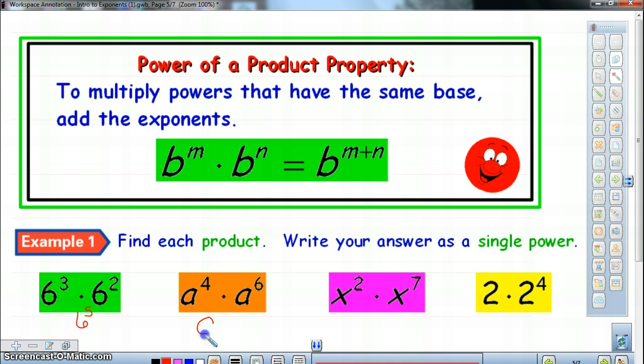Here we've got a, add together your 4 plus your 6, we get a to the 10th. Here we have x to the 9th power. And our last one, if I just have a 2, that's the same as 2 to the 1st power. So I have 2 to the 1 times 2 to the 4, add together my 1 plus my 4, and I get 2 to the 5th power.